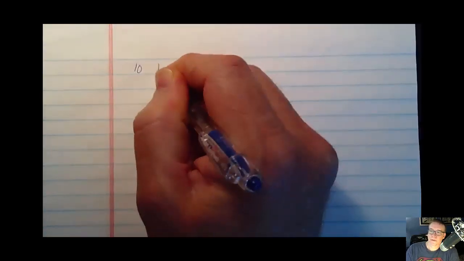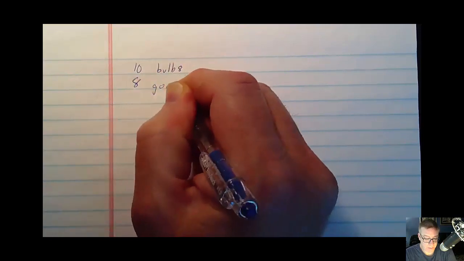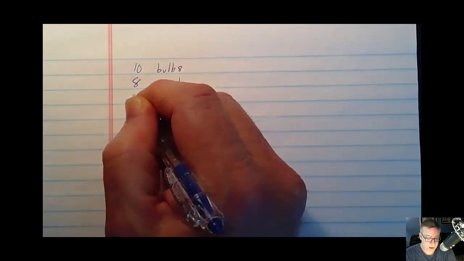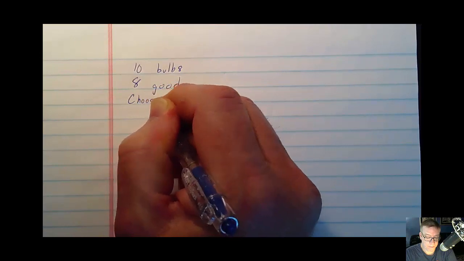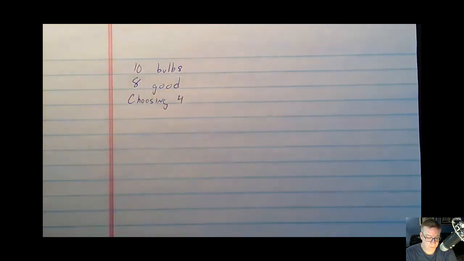Let's write some of this down. So there are 10 bulbs, 8 are good, and we're choosing 4.